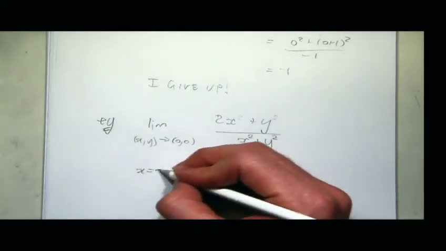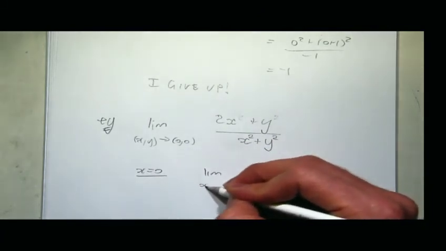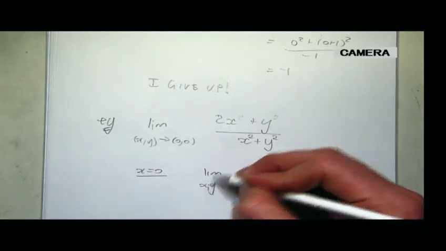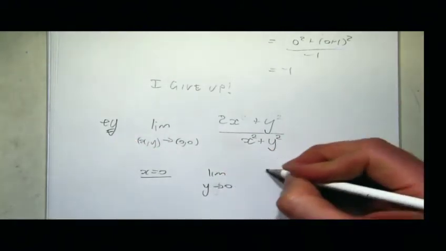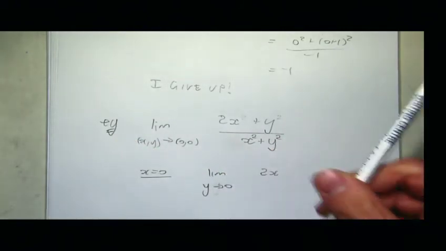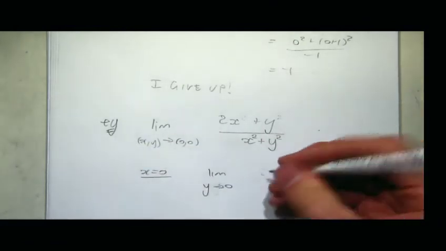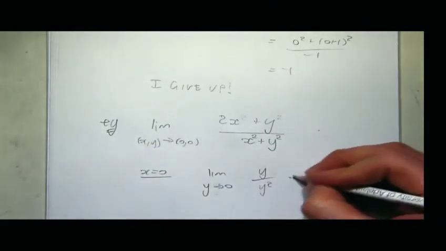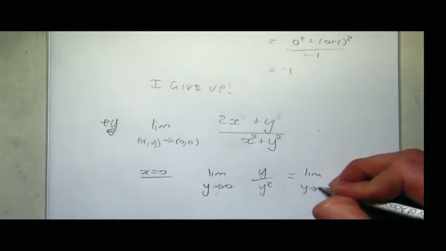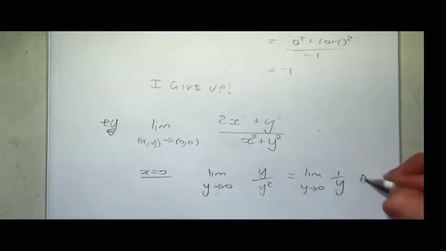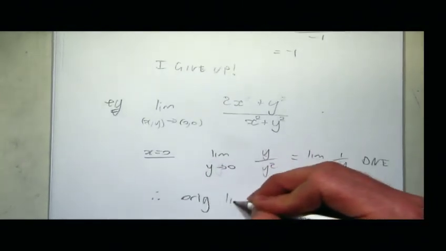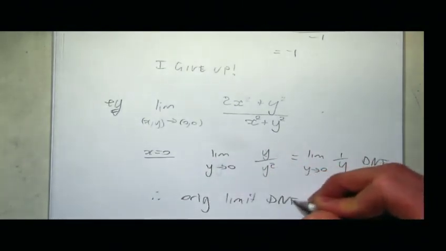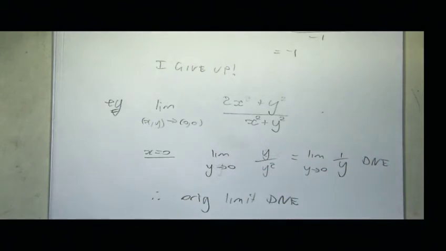So x equals 0, I get the limit as y approaches 0 of y over y squared, which is the limit as y approaches 0 of 1 over y, which does not exist. So therefore the original limit doesn't exist. That's an important case. If any of the limits doesn't exist, you can stop.